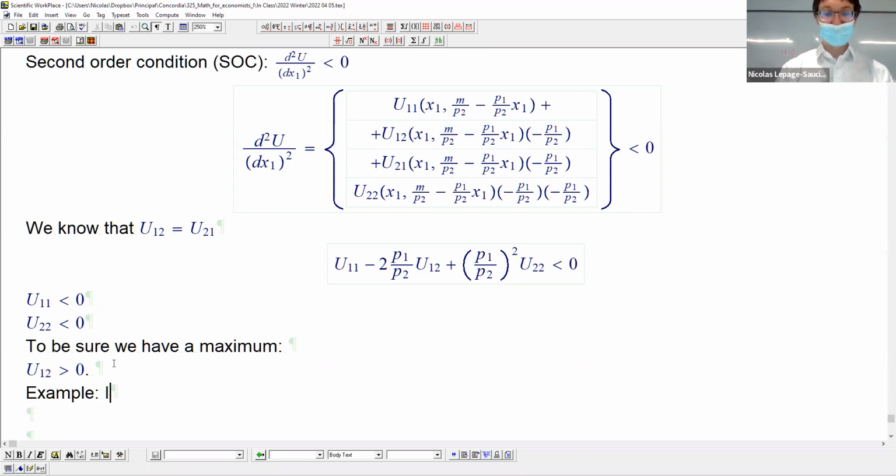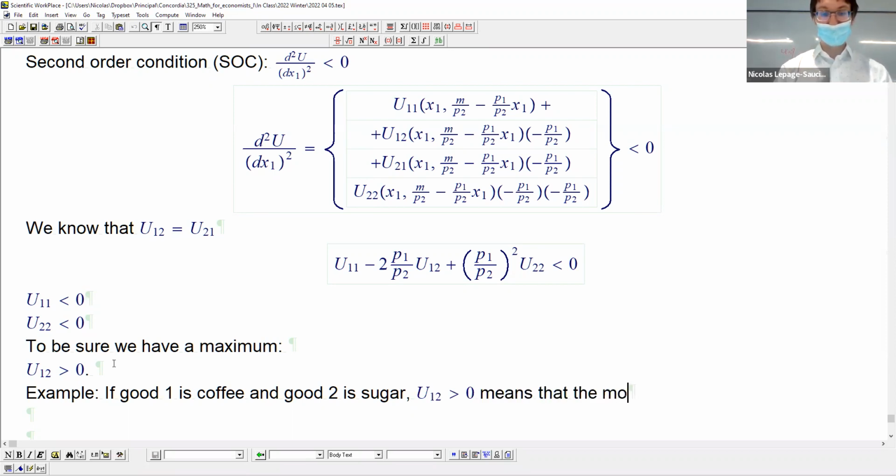If good one is coffee and good two is sugar, then the more coffee I have, the more I enjoy an extra amount of sugar.